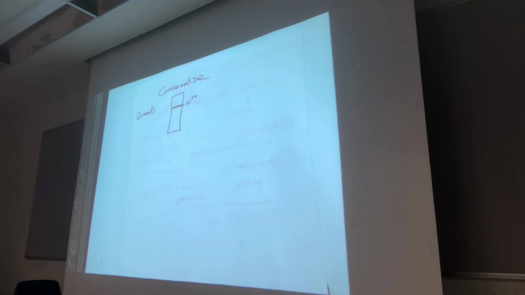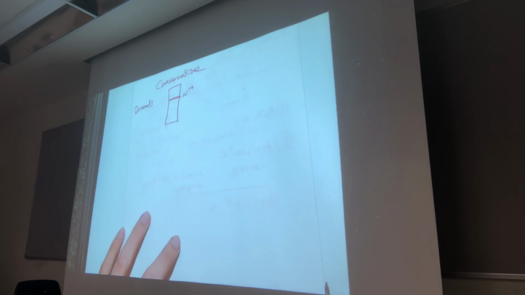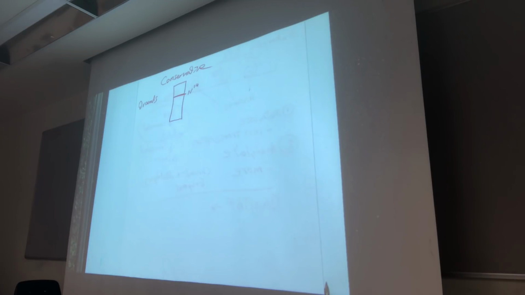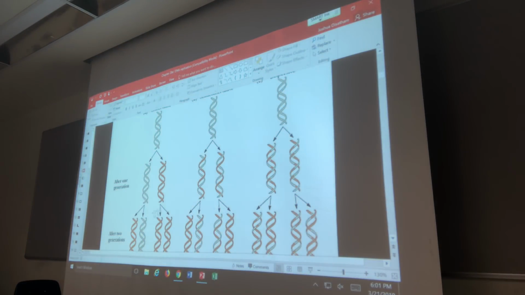Okay, that's with 0 rounds of replication. With conservative replication, if you actually did one round of replication, I'll flip back to the picture so you're reminded again what happened. You created a DNA sample that is only made of nitrogen 14 and a DNA sample that is only made of nitrogen 15.